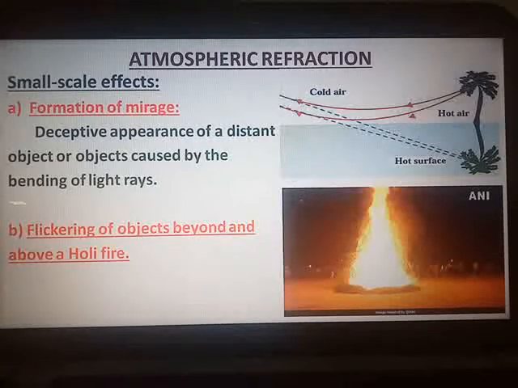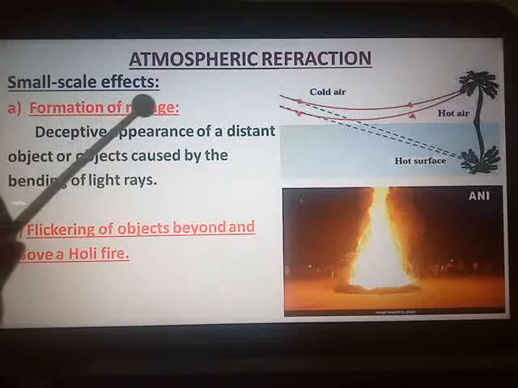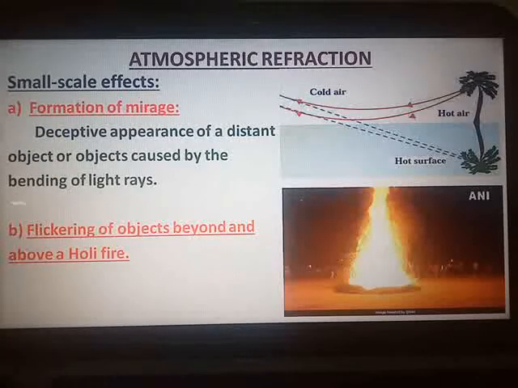It has two different types of effects. One is the small scale effects and the other is large scale effects. The first small scale effect of atmospheric refraction is formation of mirage, a new word for you. We will first understand what is mirage.